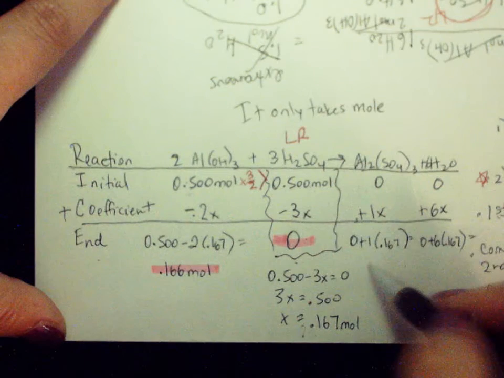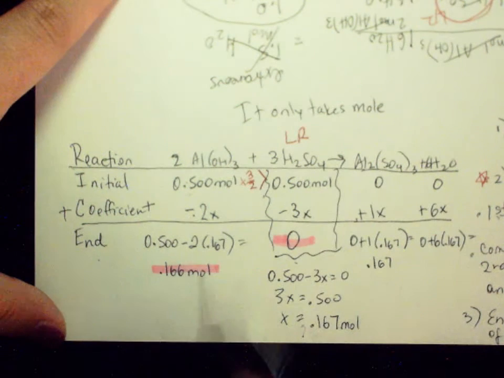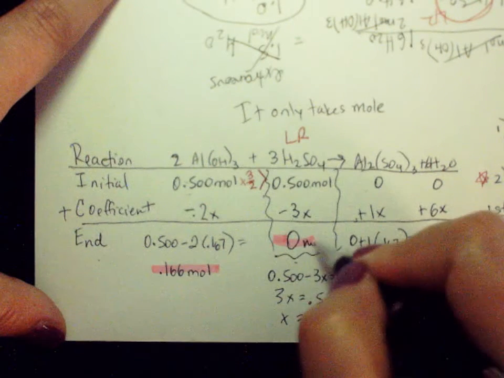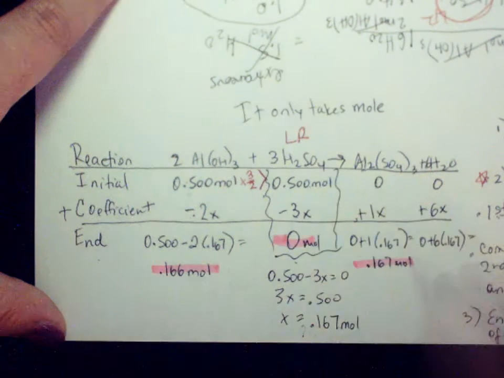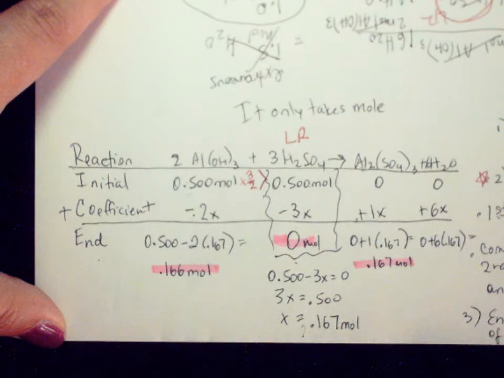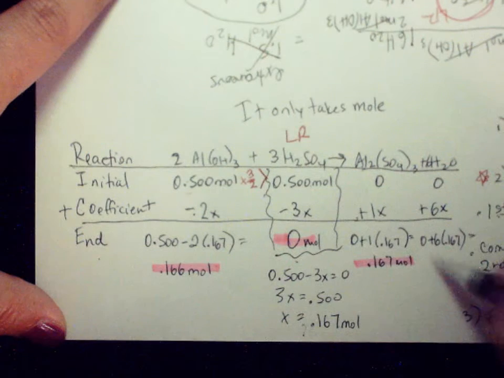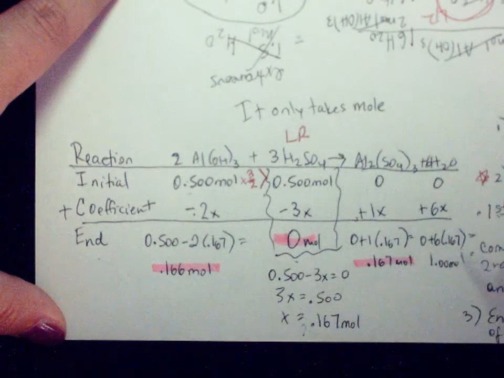This one here is going to be 0.167. This is 0.166 simply because of rounding differences. And again, in moles. And this is 1.00 mole down here.